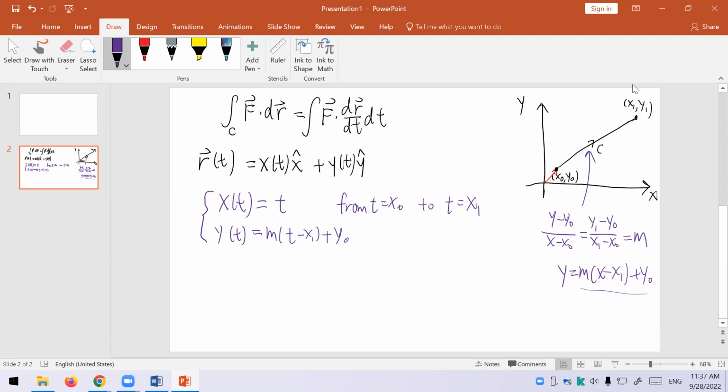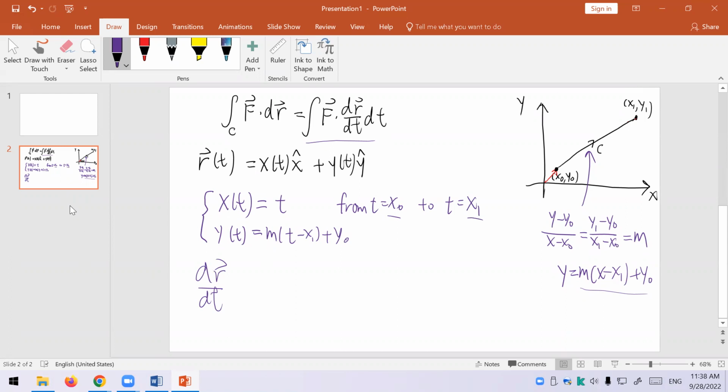Then you have this parameterization. Next you can find dr/dt, and then you can substitute back into your integral, and the whole integral is now expressed in terms of t. This is the lower limit of your integral, and this is the upper limit.